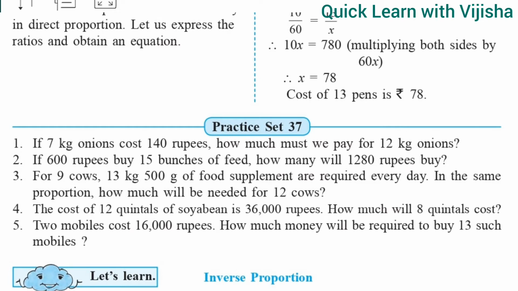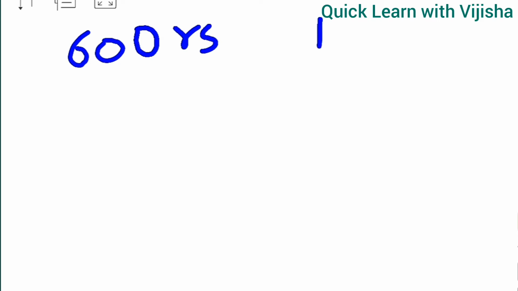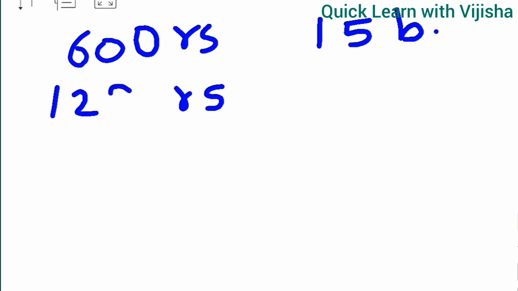If 600 rupees buy 15 bunches of feed, how many will 1280 rupees buy? So I will write down the values. 600 rupees buys 15 bunches, so I'll write 15 bunches here. How much will 1280 rupees buy? The rupees value is given, so I'll write 1280 on this side.